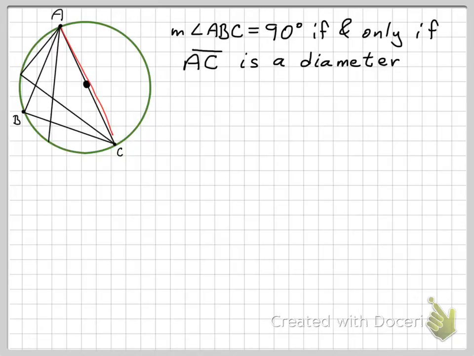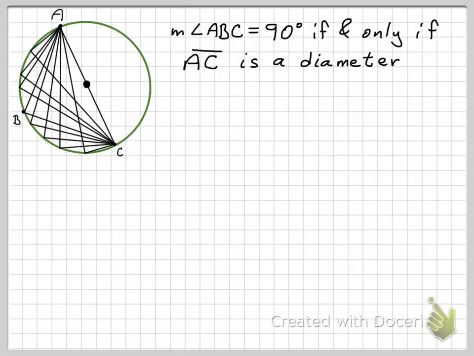This also must be a 90-degree angle. So this is a 90-degree angle, this is a 90-degree angle, this is a 90-degree angle. Any triangle that you put inside of a half circle is going to be 90 degrees.